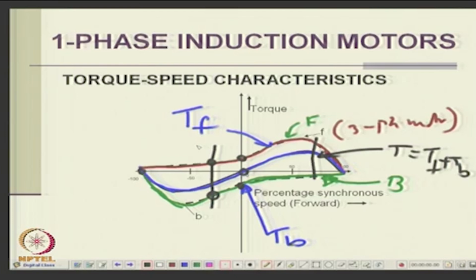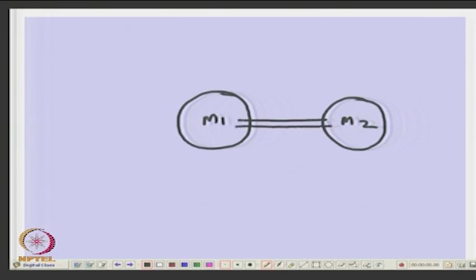So, how do you get this total characteristics if you are given a single phase motor of certain windings? What you can assume is that I have two motors, M1 and M2, and you couple them together. My single phase motor is equal to two motors.